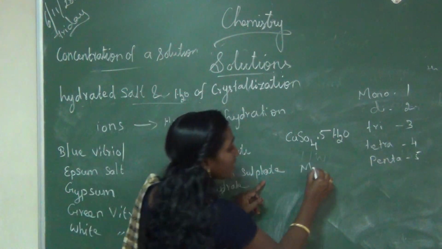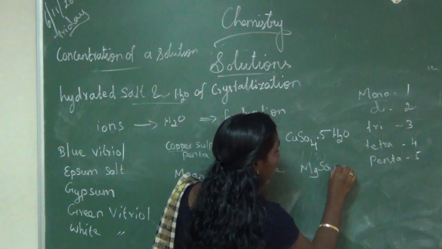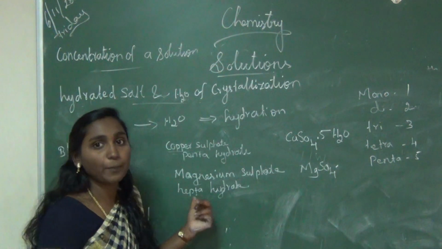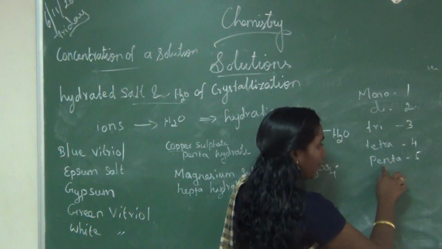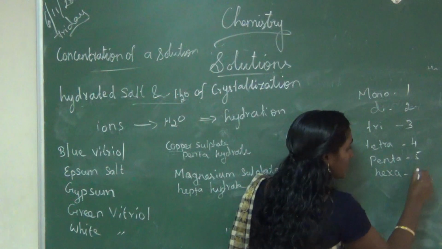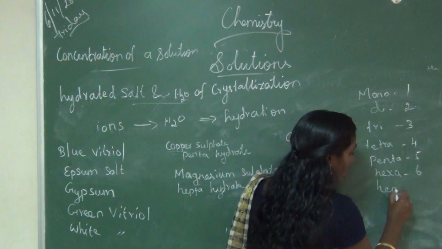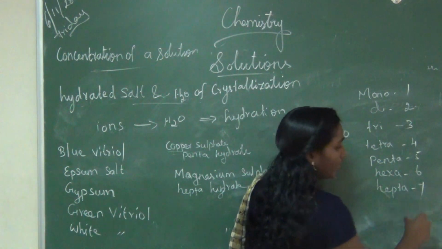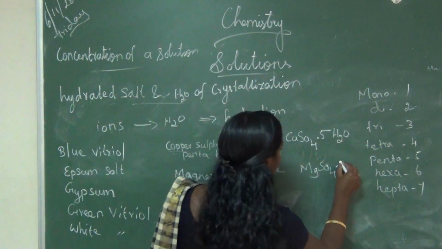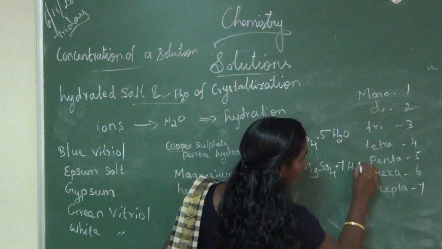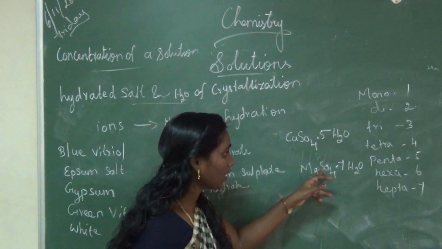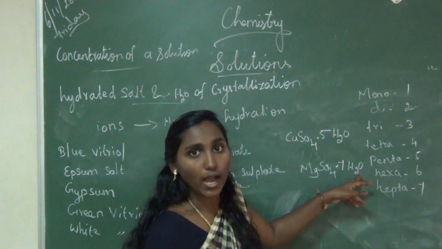Mg, sulfate SO4, then put a dot. Penta means 5, then hexa means 6, then hepta means 7. So MgSO4 7H2O, that is magnesium sulfate heptahydrate.